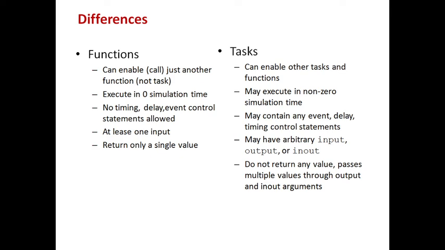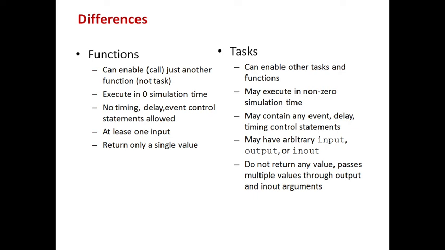That means a task which is assigned to a student, the student invokes some other student to perform that task. In this manner it goes. So it generally takes non-zero simulation time. And coming to function, it doesn't have any delay or event control constructs. Tasks certainly can have all these delay, event and timing control constructs.